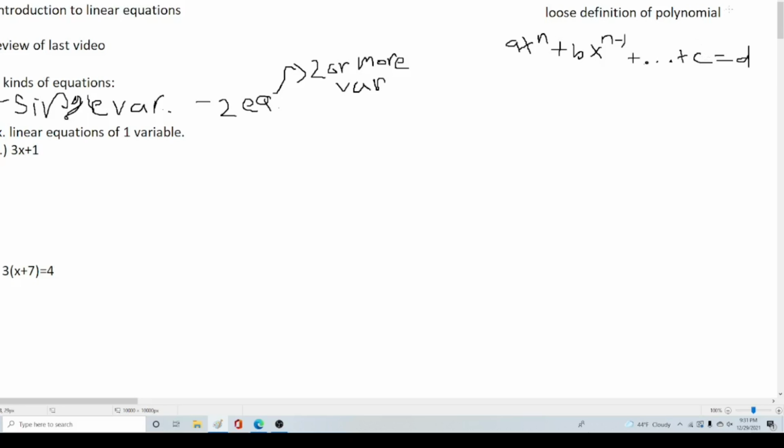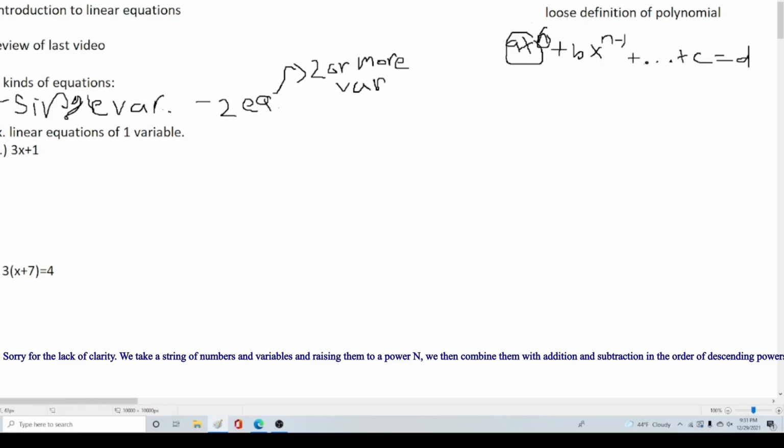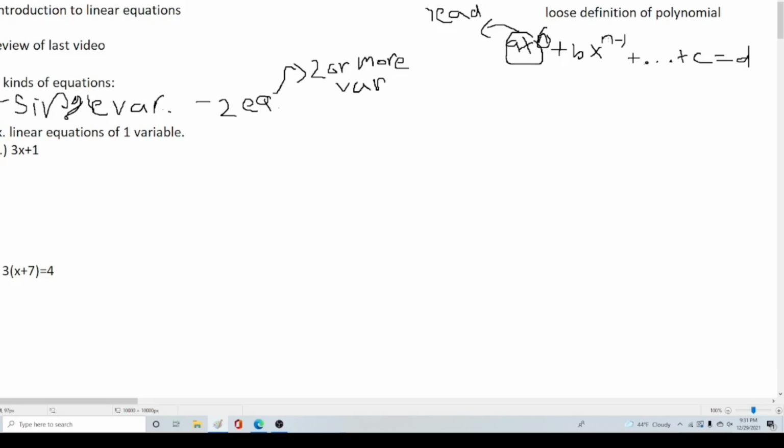Basically what this is saying is we take any term ax and raise it to any number n. We say this is the leading coefficient of the polynomial, and the powers go all the way down to the 0 power.